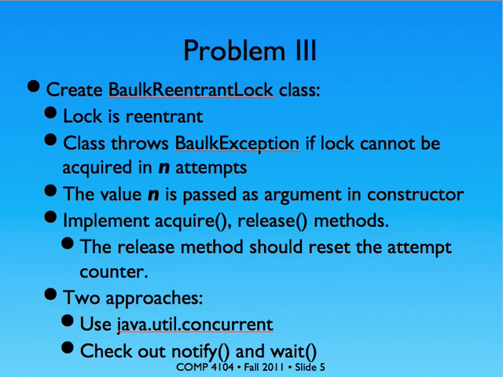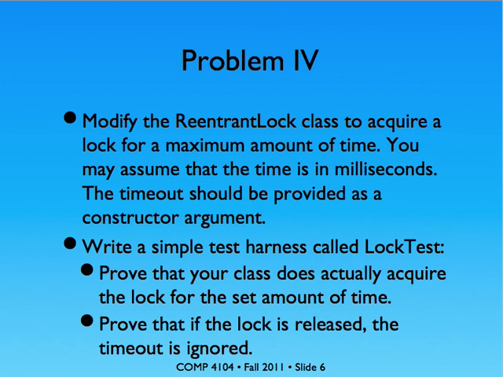So really that's a change inside of the acquire method in order to keep some measure of state associated with the lock itself. And again, I really want you to use notify wait as opposed to using Java util concurrent. The reference to Java util concurrent there is really so you can find that these things have already been written for you.